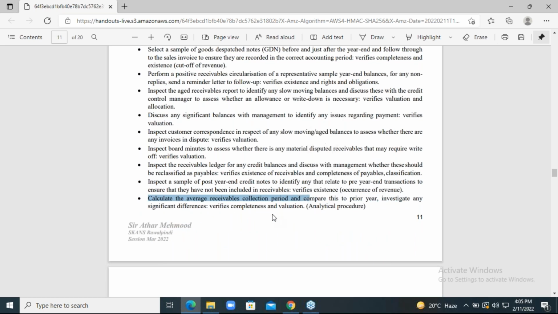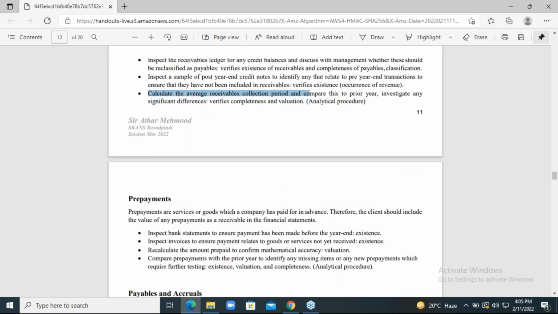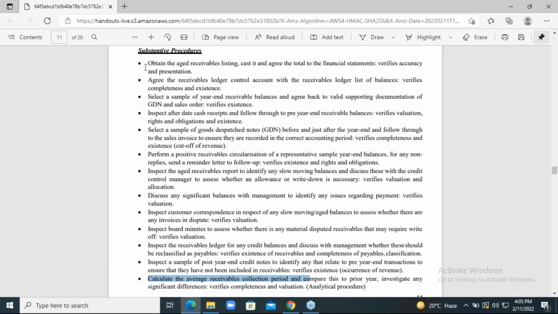So now the important thing is not that you just memorize all these 12 or 15 procedures, but the most important procedures are the ones that are related to GDN, that are related to circularization report, that are relevant to slow moving balances like that, like this one, and receivable collection period.